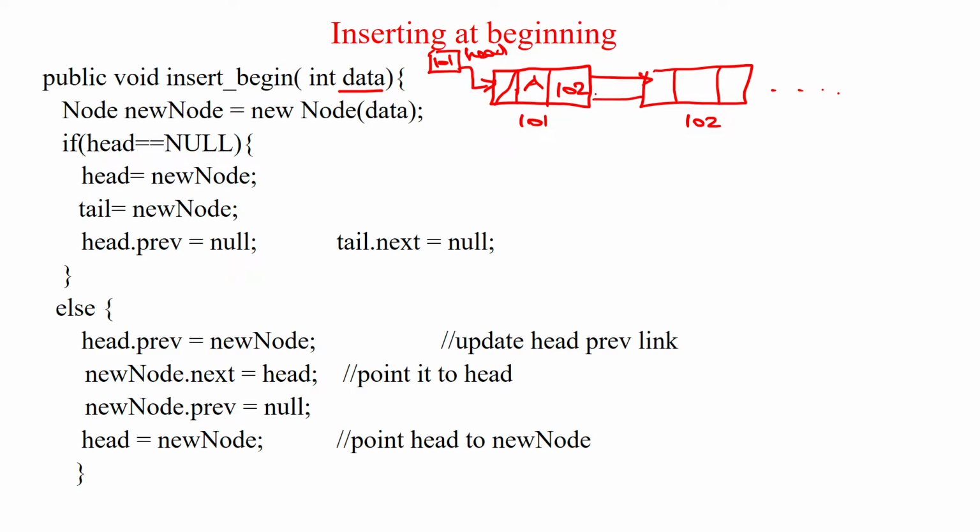Likewise, the previous field of 102 denotes 101. Now I am creating the new node. That new node is created by calling this method.